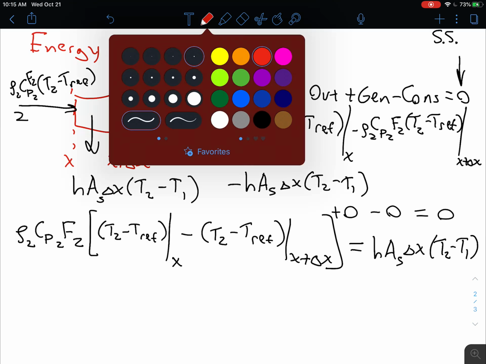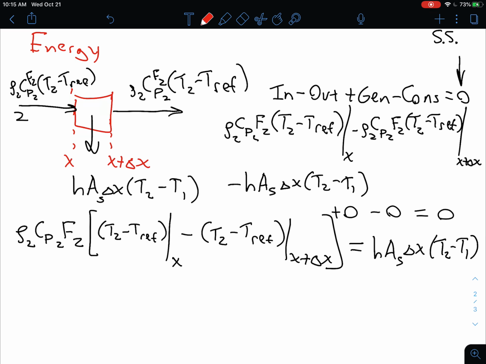So remember I said that in the end our choice doesn't matter. In this case, we can just cross these out. Again, assuming that we can choose some Tref, whatever it is, that maintains the assumption that density and heat capacity are constant over the temperature range we're considering. Again, this is a simple analysis.